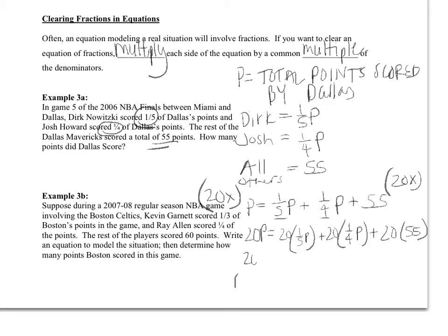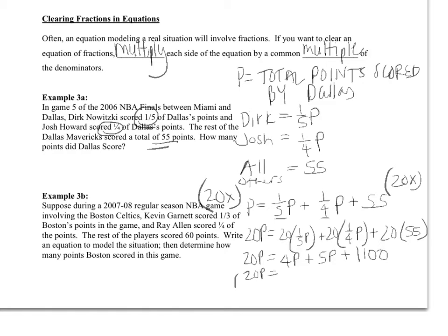We can do 20p equals 20 times 1/5 p is the same as 4p, because 20 divided by 5 is 4, plus 20 times 1/4 p is the same as 5p, because 20 divided by 4 is 5, plus 20 times 55 is 1100. Now let's combine like terms.